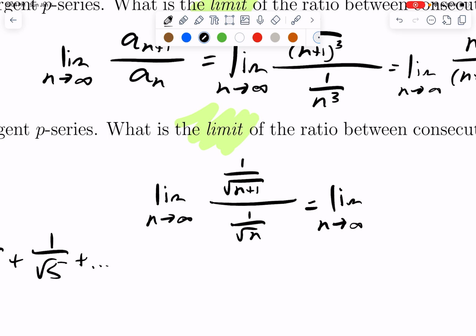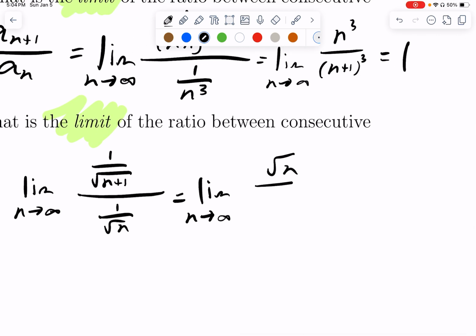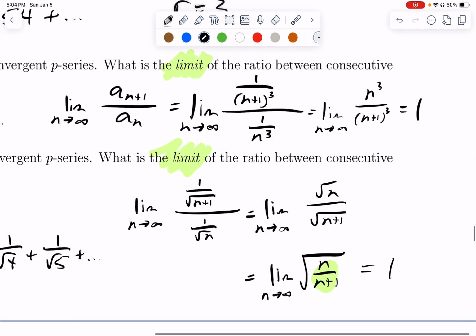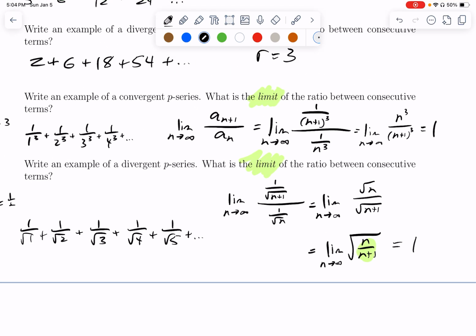And again, we can manipulate these fractions, so it's root n over root n plus 1, which is the limit as n goes to infinity of the square root of n over n plus 1. And this thing on the inside is approaching 1, so the whole thing is approaching 1. So this one, even though it diverges, that ratio is still the same. So basically what we're seeing is with p-series, whether it converges or diverges, the ratio between consecutive terms is going to be very close to 1.